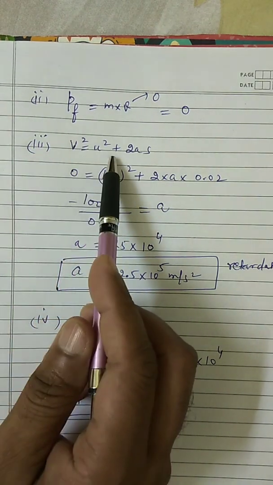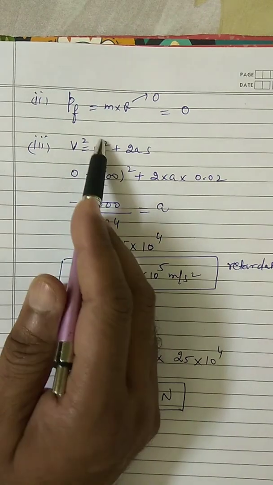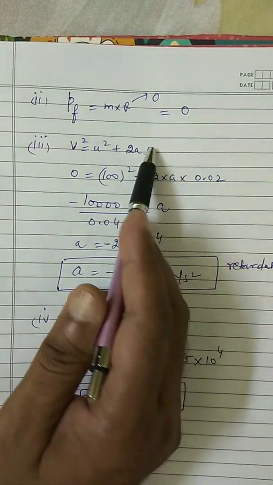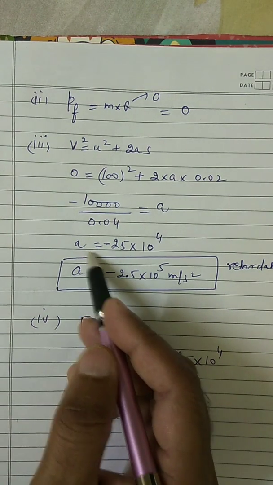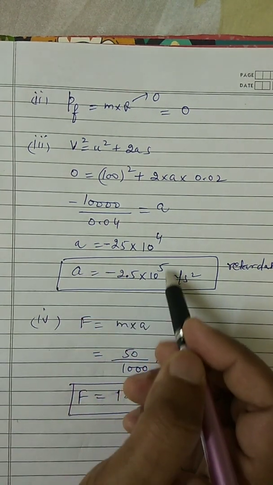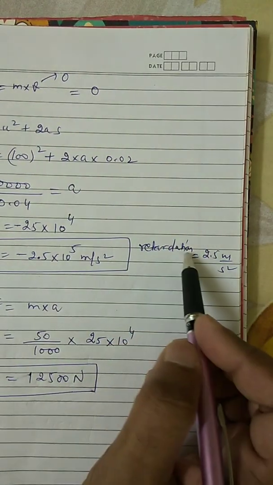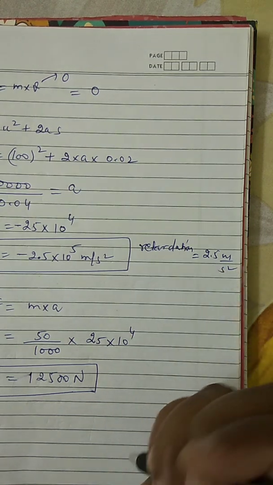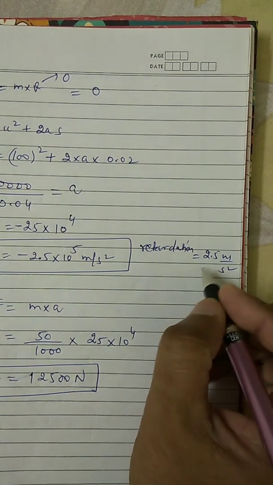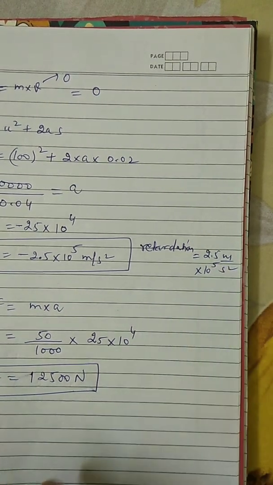Third is V square is equal to U square plus 2as. Apply third equation. V is 0, U is given, 2a, S is also given. So by rearranging, you will get the value of acceleration minus 2.5 into 10 to the power 5 meter per second square. Retardation we want to write, ignore negative sign, 2.5 into 10 raised to the power 5 meter per second square.